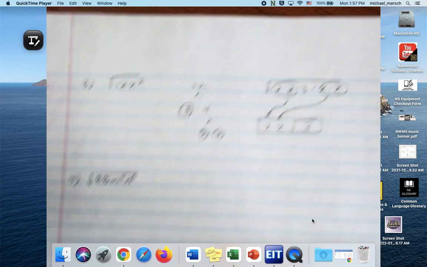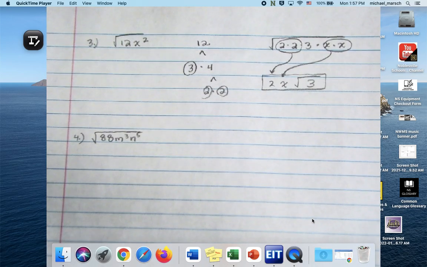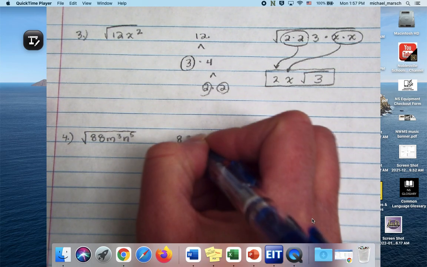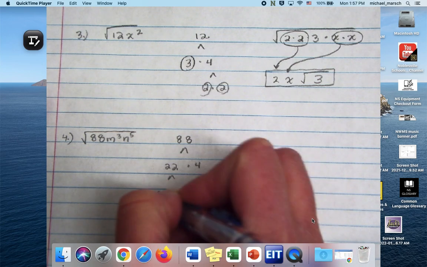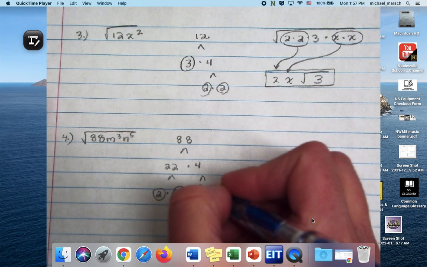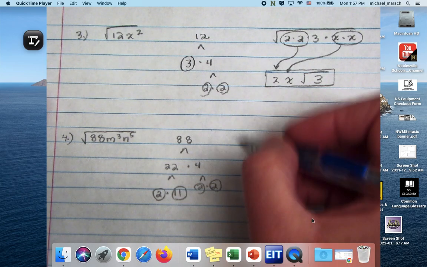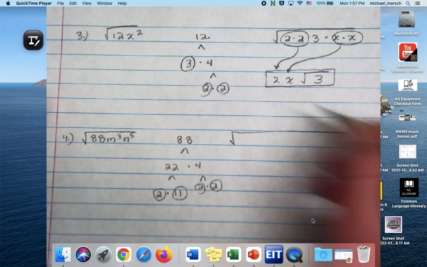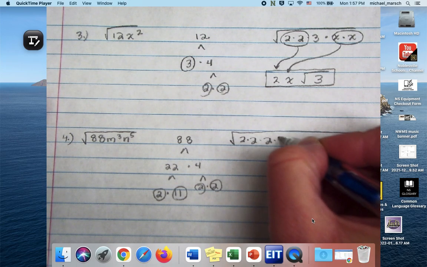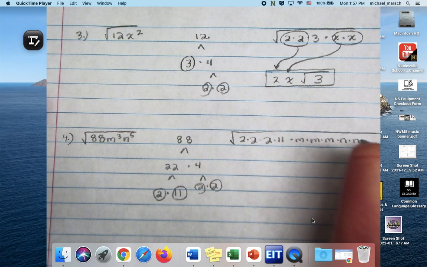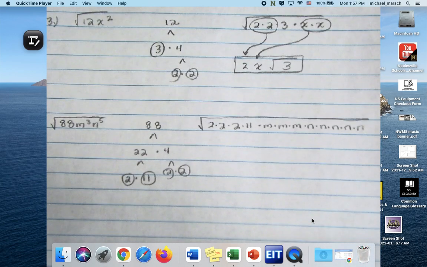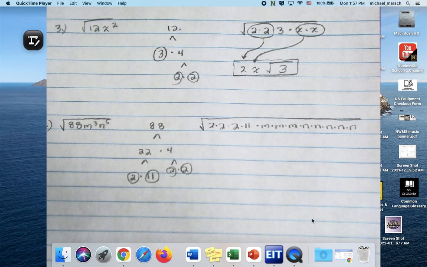M to the third, n to the fifth. Now, some of you are probably thinking, I could probably figure out the pair situation with those really long variable ones.